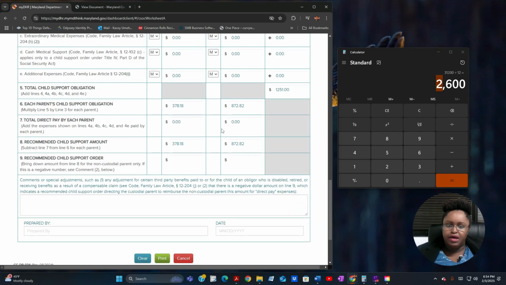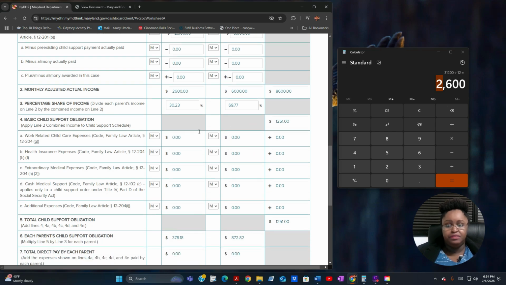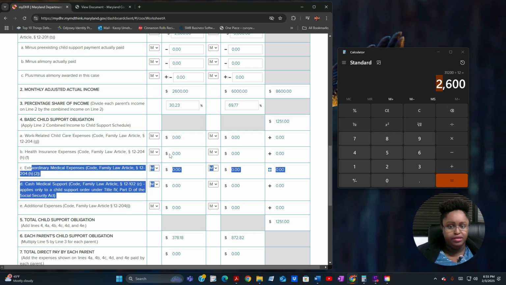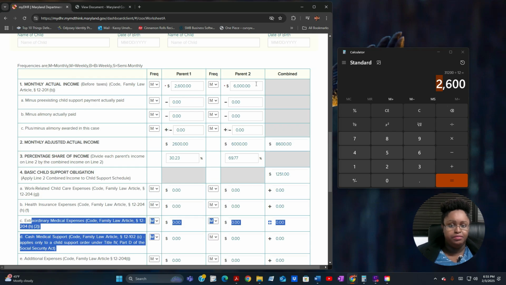We go down to the bottom. As you can see, his child support amount went up. That's how we determine child support. And again, this is assuming that there's no health care, no work-related child expenses, no extraordinary medical care. This is just plugging in zeros everywhere else. The fact that his income went up drastically changes the amount.